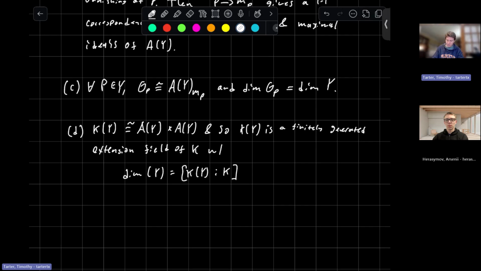You remember this notation from Galois theory, right? Okay, cool.